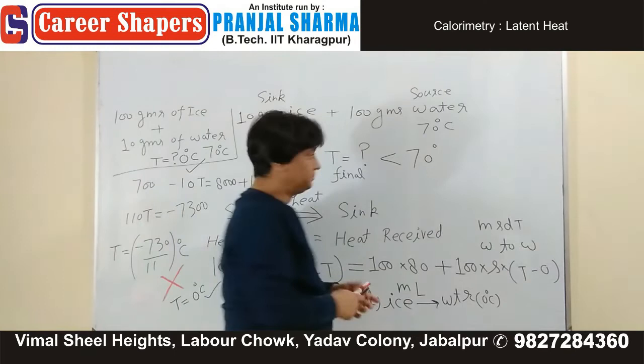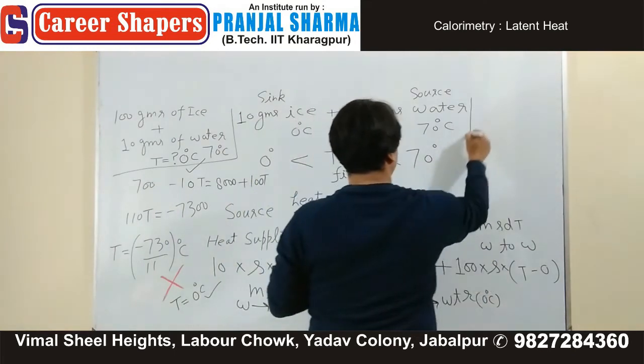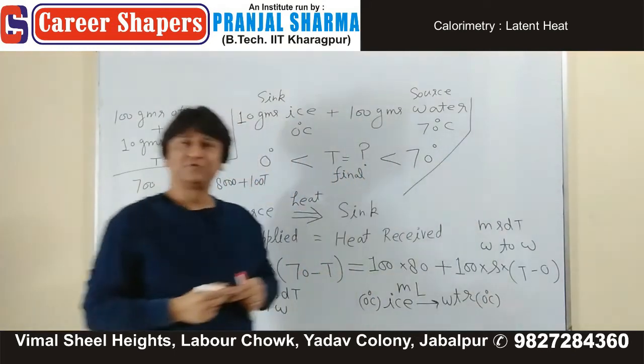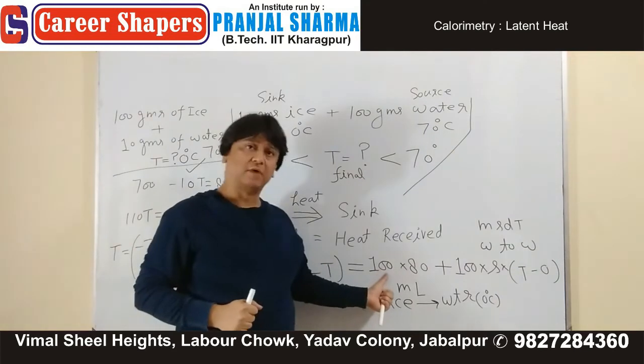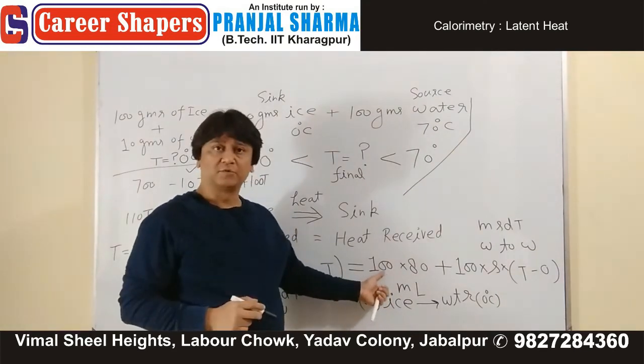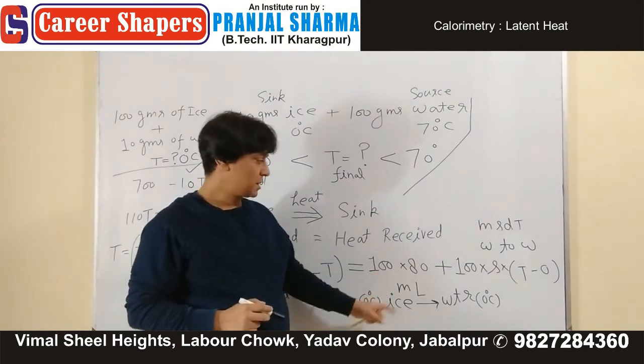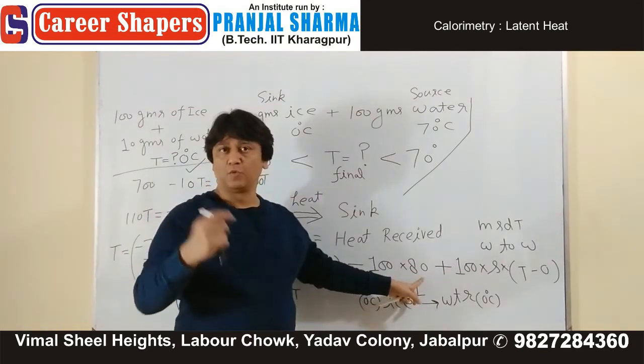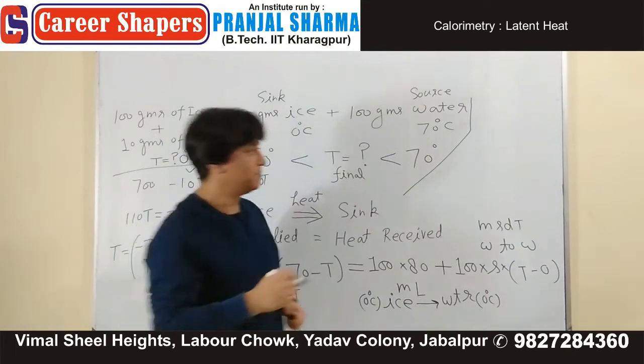Look here. How much ice we have got? 100 grams. To melt this 100 grams of ice, we need what? 80 calories per gram.